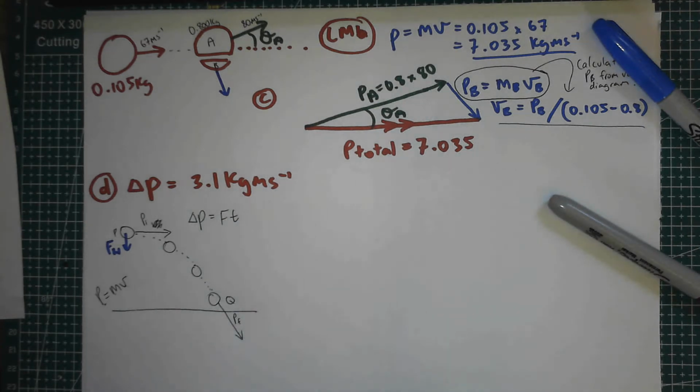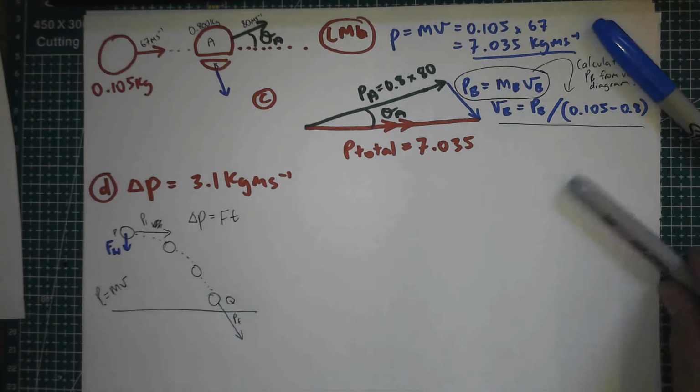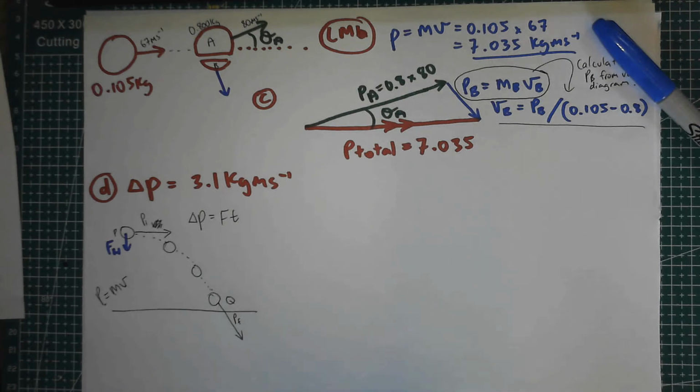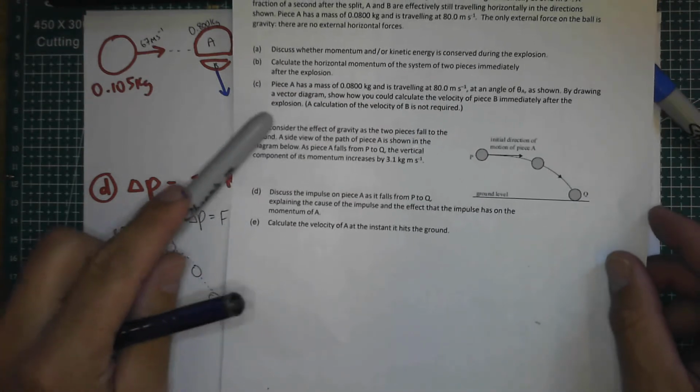And then calculate the velocity of A at the instant it hits the ground. Now it's a bit tricky.